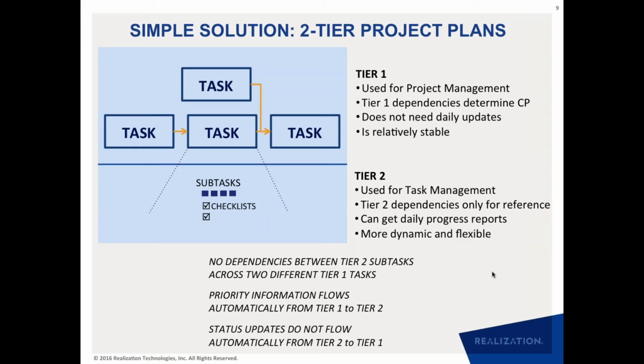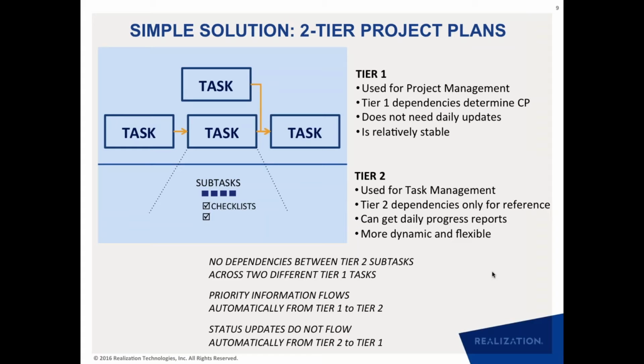The second use of these tiers is that, based on the critical path, you can determine the priority for tier 1 tasks, and that priority information can flow automatically from the task to the subtasks. But the status updates do not flow automatically from tier 2 to tier 1.